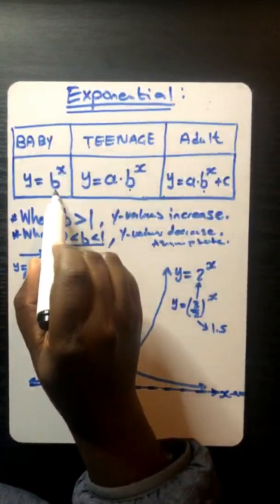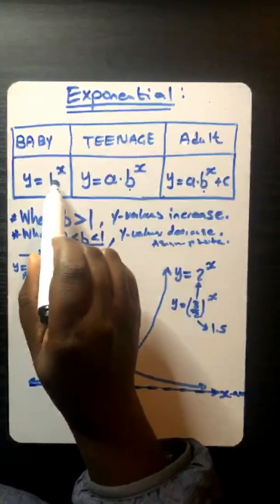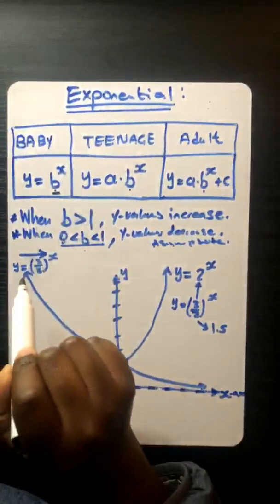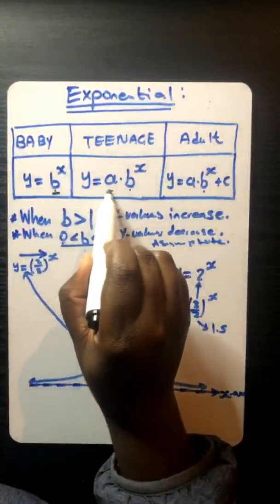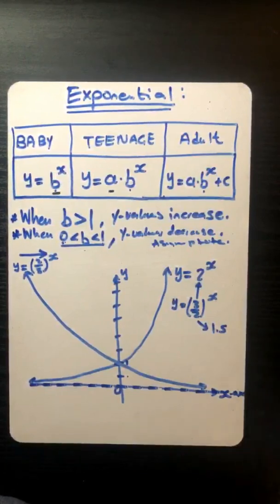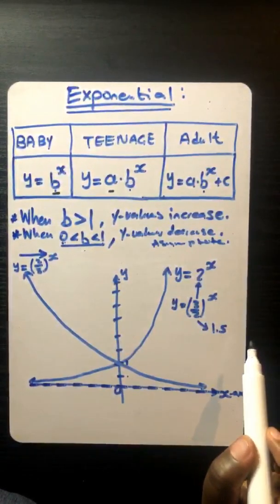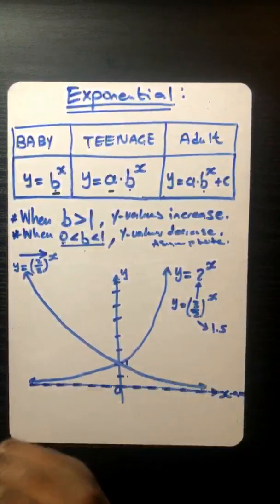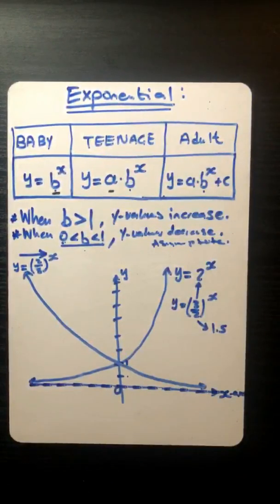Now that you understand the impact of b on the exponential function, let's have a look at the impact of the a value.